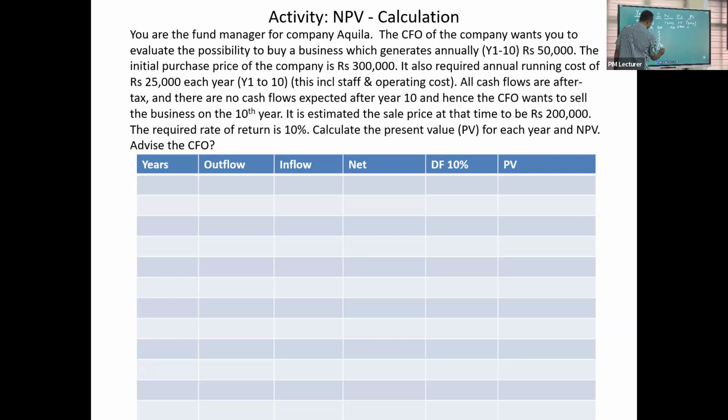So there is an inflow of 200,000. So this will be 250. Net that off, so you'll get 225 positive. Whatever the factor is, you should get minus 69K.